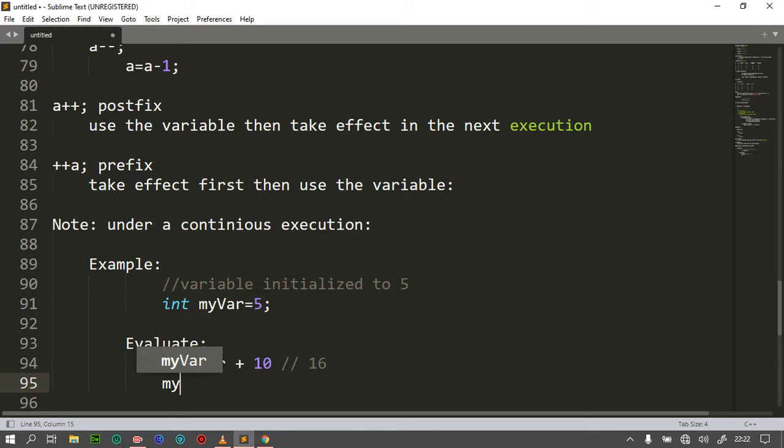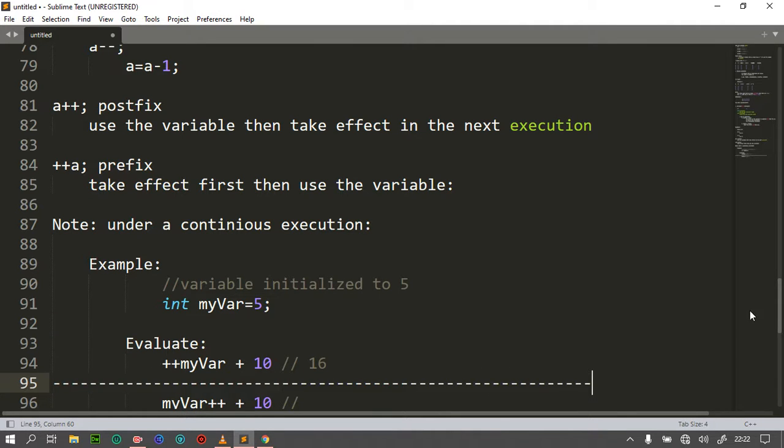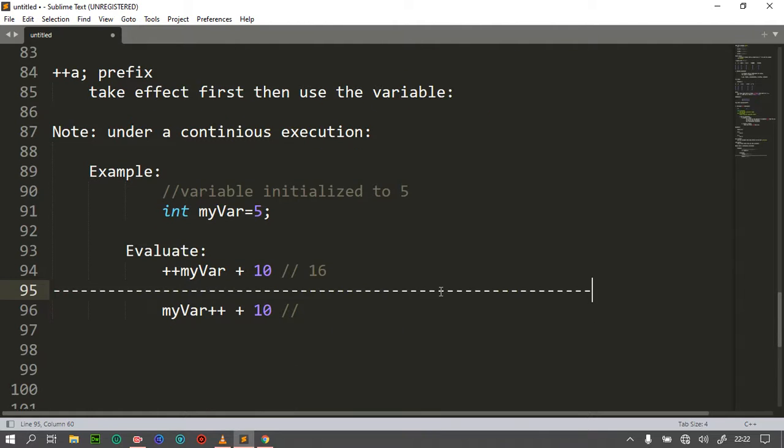Then what if I have myVar postfix increment plus 10? Okay, postfix increment plus 10. So assume this is separate. In that form, we are having another one.